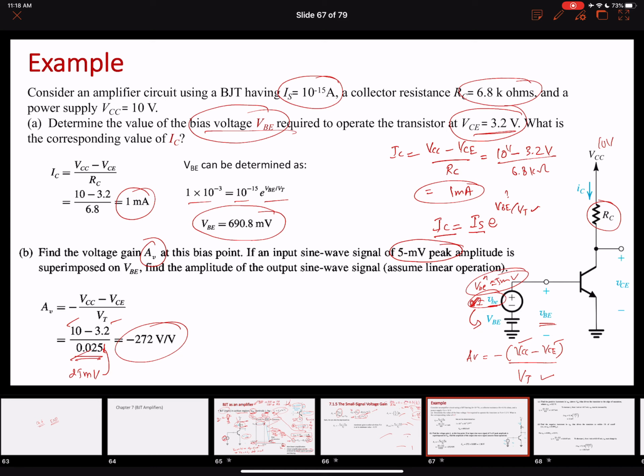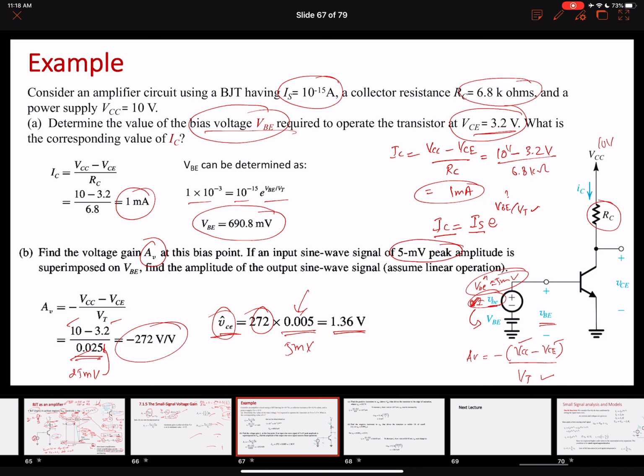We know the amplification factor is 272, so just multiply 272 with 5 millivolts. The peak value of the output time-varying voltage at the collector-to-emitter output will be 272 multiplied by 5 millivolts, so the peak voltage value of the time-varying signal will be 1.36 volts.